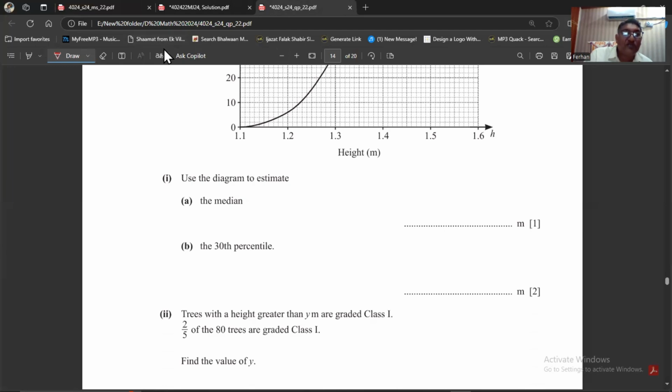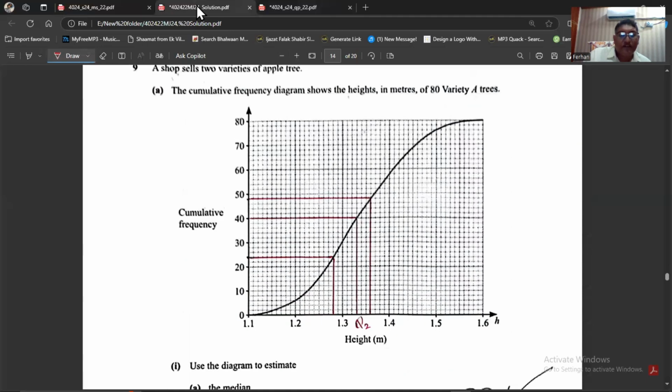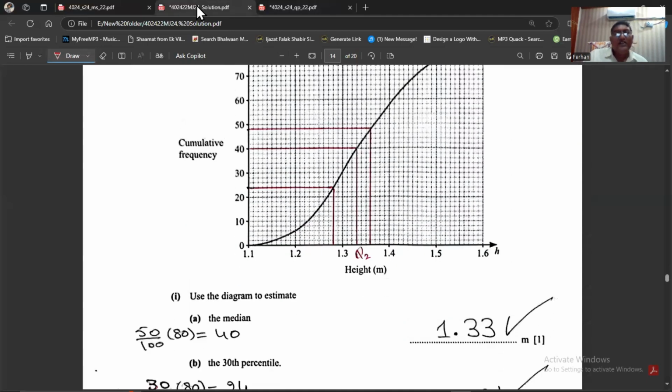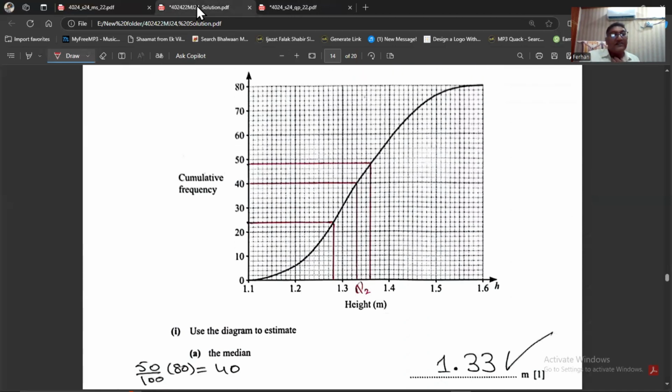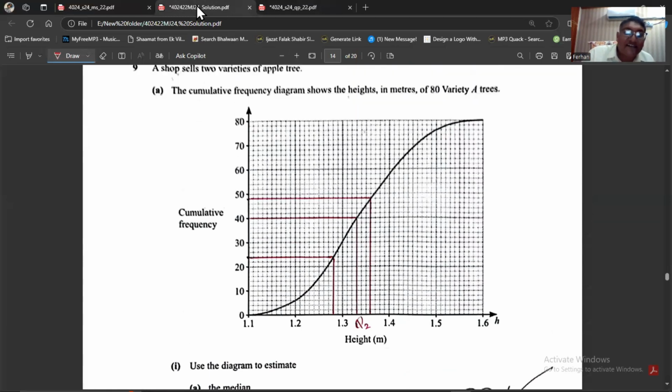This is question number 9, part first. Very easy. If you want to find out the median, you have to find the 50% of the total cumulative. The 50% of the 80 will be 40. So on your y-axis, check where is the 40. From there, go to your cumulative frequency curve.